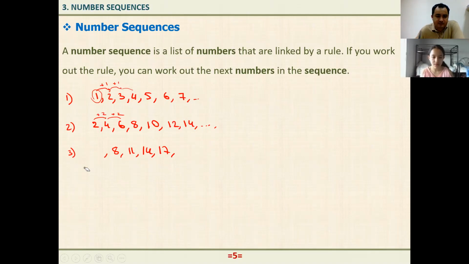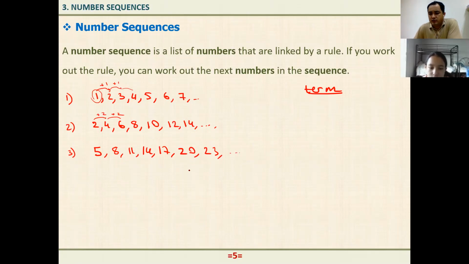Wait, let me correct this. Let's say here we have 5. Yeah, I was confused at the beginning. So sorry. The next will be 20. Each number in the number sequence, we call it a term. So the next term is 20, and next term is 23.